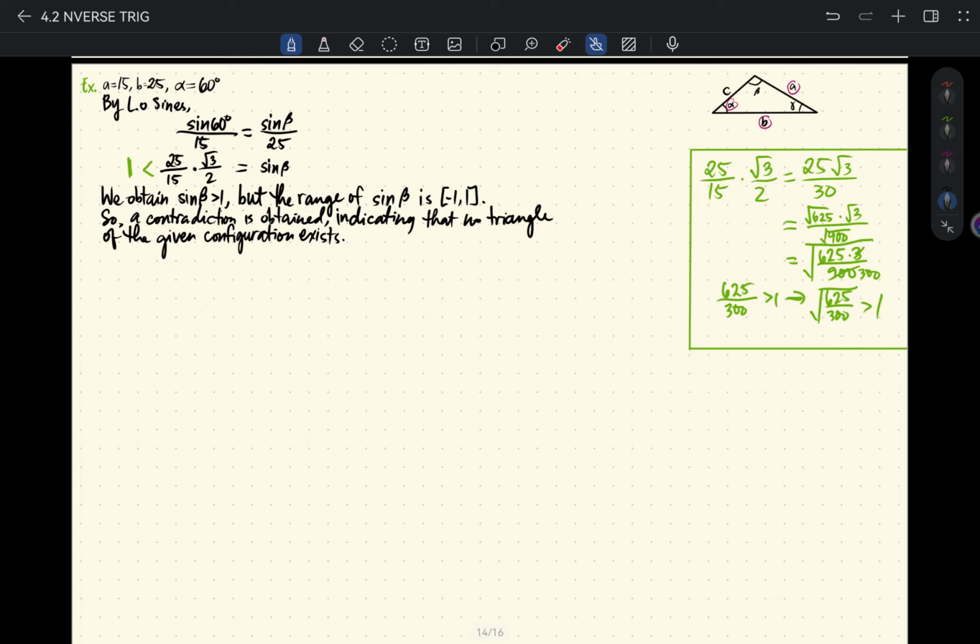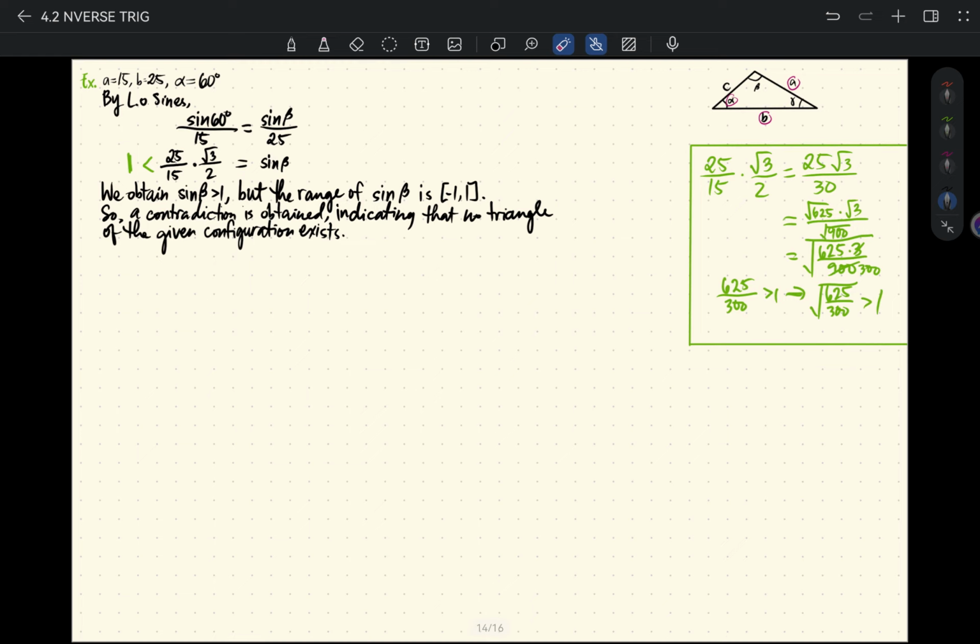Okay? So again, why are there no triangles with this given configuration? That's because you obtained sine beta is greater than 1, but just like what I said, the range of sine beta is -1 to 1. Okay, I hope this example is clear.